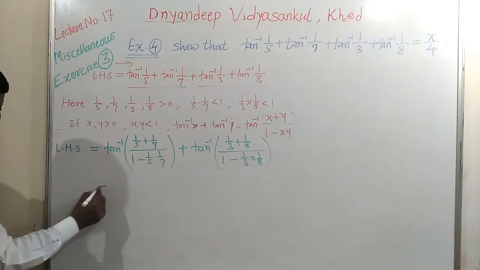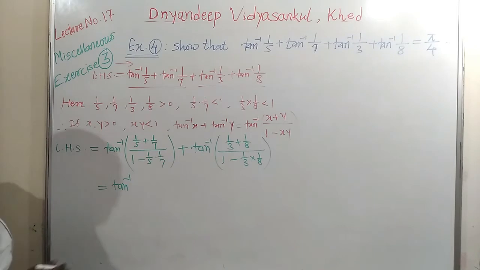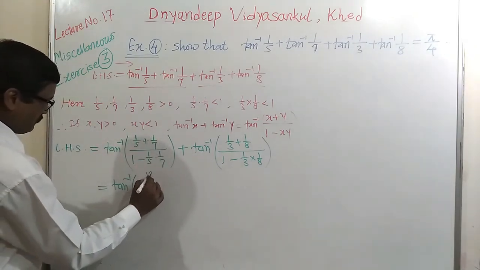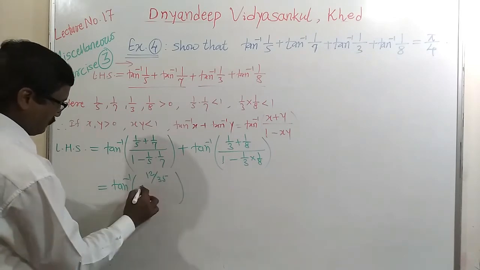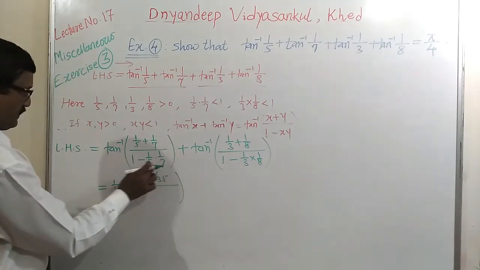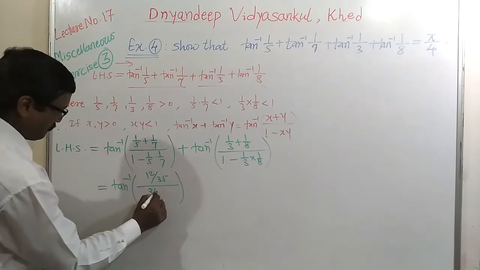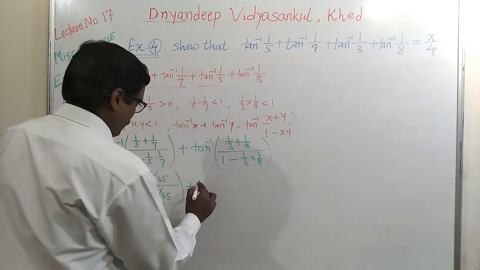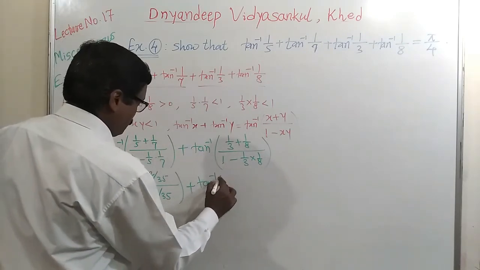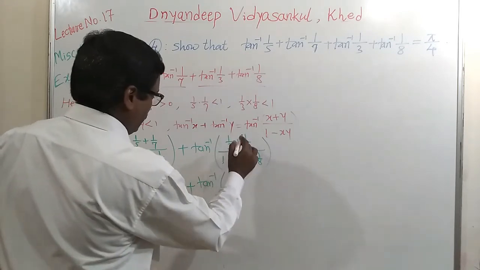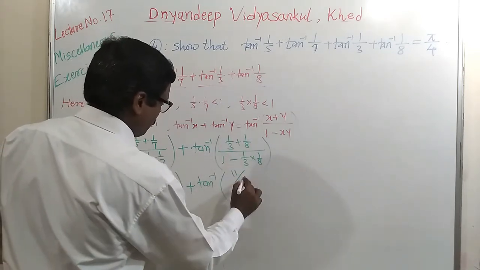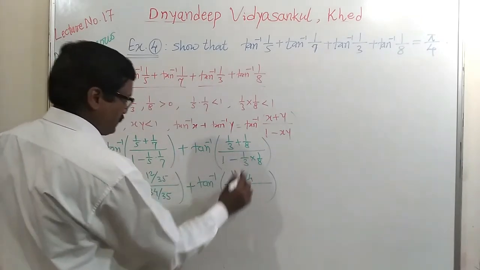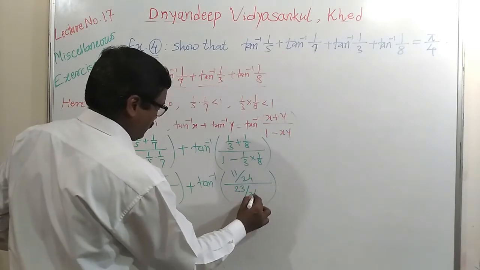Now, just simplify. Here, tan inverse of 1 by 5 plus 1 by 7, that is 12 by 35, divided by 35 minus 1, that is 34 by 35. Plus, in the second step, tan inverse of 8 plus 3, that is 11 by 24, whole divided by 24 minus 1, that is 23 divided by 24.